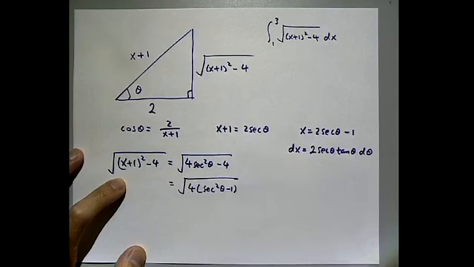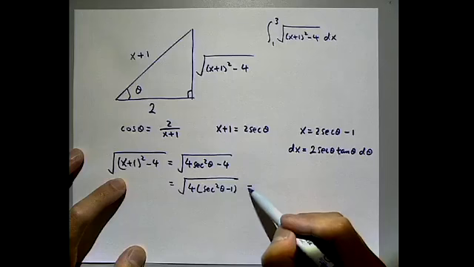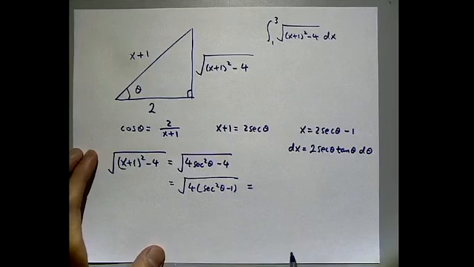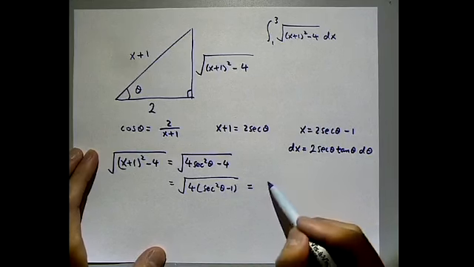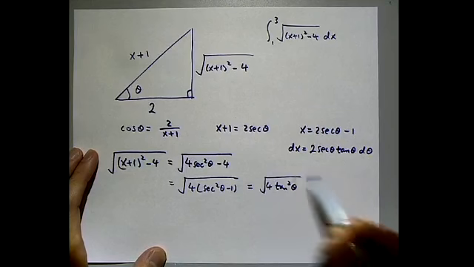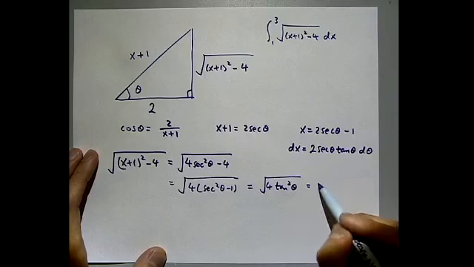Factor the 4 out from under the radical. We have 4 times secant squared minus 1. And what's secant squared minus 1? Tangent squared. Yep. Those are the identities you have to be able to use. Taking the radical, this is 2 tangent.